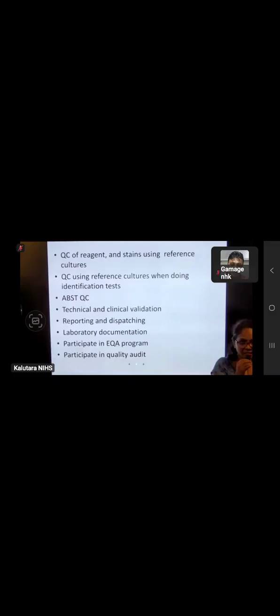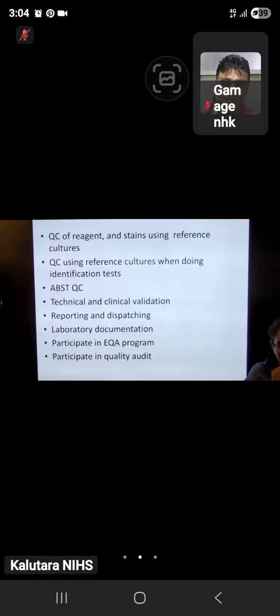Participate in the EQA program, that is also important, because you have to participate in the EQA program to see whether your performance is appropriate, and participate in quality audit. So these are the factors. Without learning by heart, I think you can elaborate these points as an answer.